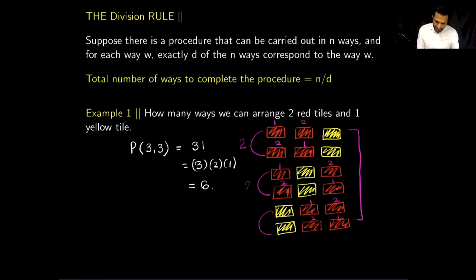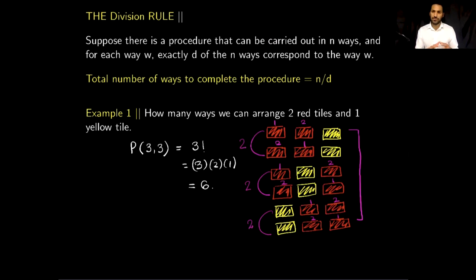In the second group, I have red first, yellow in the middle, and then red, and all the ways corresponding to that we group here. Those with yellow first and then red form the third group.